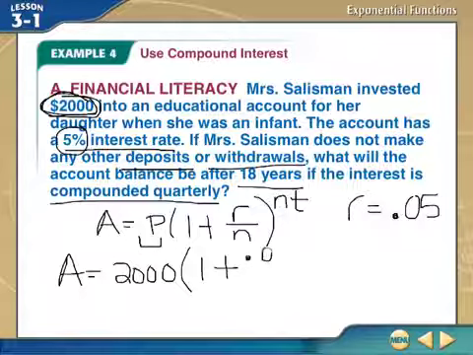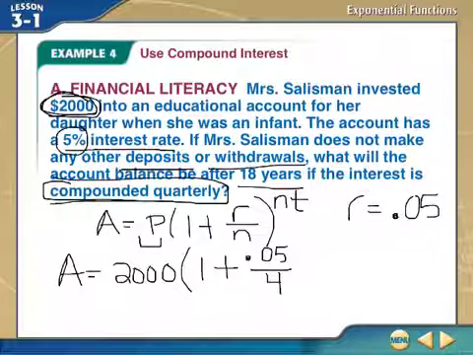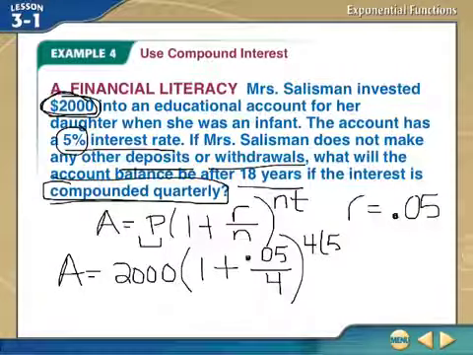So we're going to take 0.05, her interest rate, and then divide that by n compoundings, which is how often the bank or business is paying her interest on this money that she's put into this account. It states that her interest is compounded quarterly, so we're going to divide that 5% by 4. And then for our exponent, we're going to say 4 times 18.